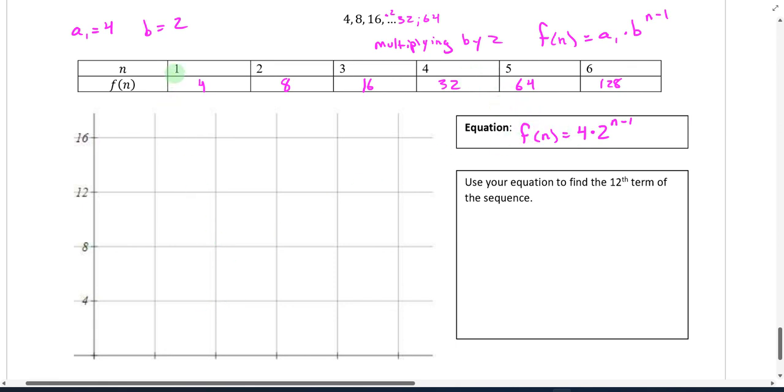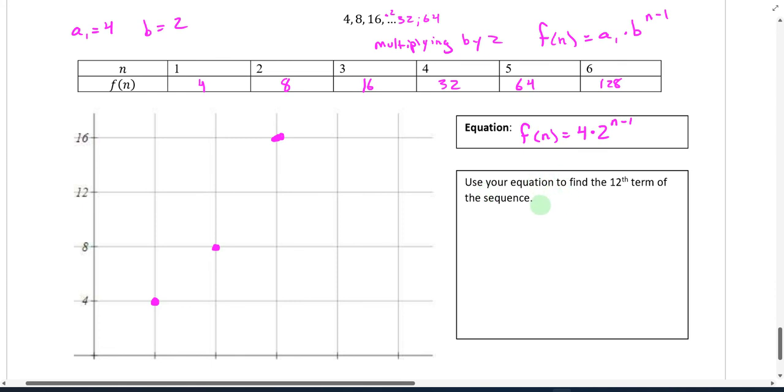Let's go ahead and do our graph. So we're going to go 1, 4, 2, 8, 3, and 16. And there is our shape, right? And again, it doesn't look like it's making a line, so there is a difference between the shape that an adding sequence is going to make versus a multiplying sequence.